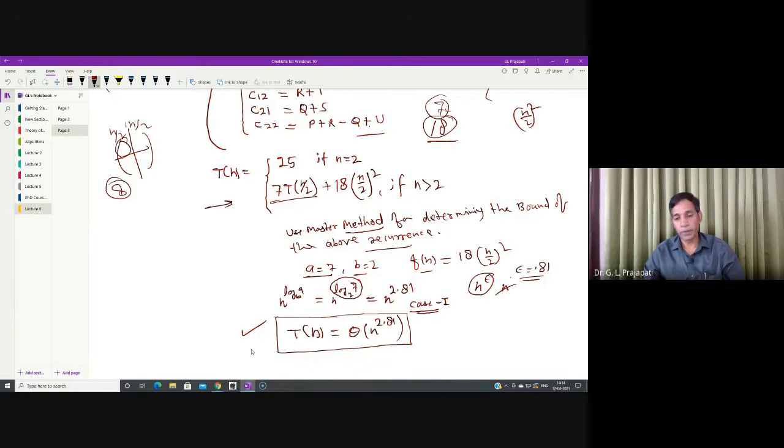Even if it seems that for small dimensions it may not be significantly more, once n tends to infinity, compare the two functions n cubed and n raised to the power 2.81. n cubed is the operations for the brute force method, and with Strassen's methodology it is n raised to the power 2.81.